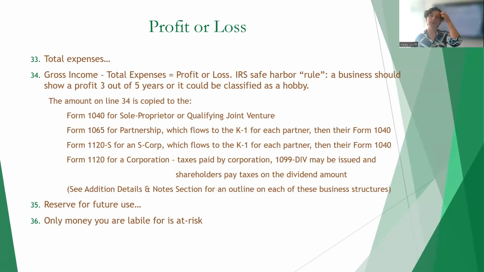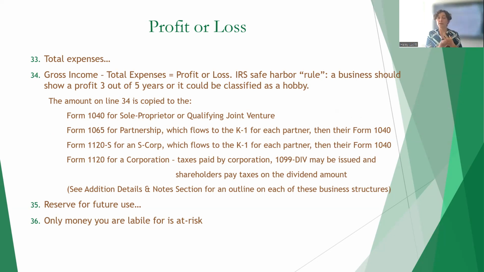Okay, this is details on the profit and loss. That profit and loss figure is carried from the Schedule F form over to whatever form you are filing as your main tax form. 1040 for a sole proprietor or qualifying joint venture, where you're a married couple.